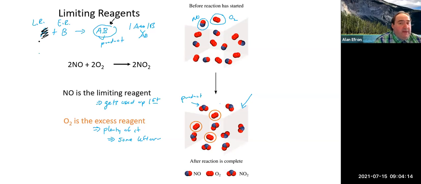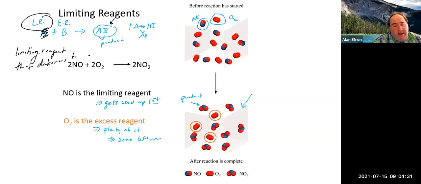So it is always the limiting reagent that determines how much product you can make, because once that limiting reagent runs out, there's no possibility that you can make any more product.